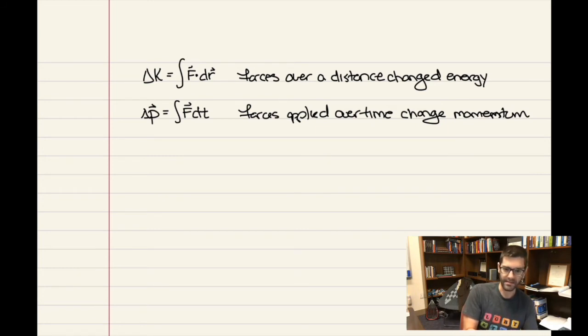But also appreciate that momentum and energy are quite different things. Force over distance is telling you how energy changes, which is a scalar quantity. It's not telling you anything about the direction. It's just telling you roughly how fast the object is moving, because it says something about kinetic energy. Momentum is also saying something about velocity, since momentum itself is just mass times velocity.